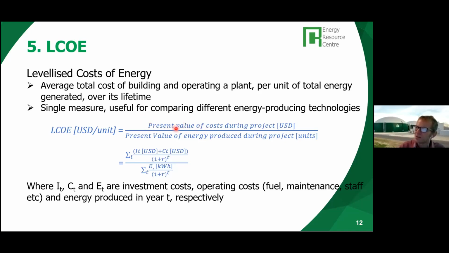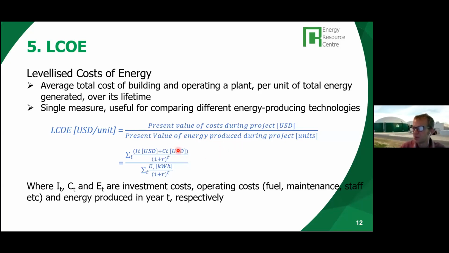And if we say present value, we are of course talking about the discounted cost, and let's say all the discounted costs during the project period, and we divide it by the present value of the energy produced, and this is also discounted.